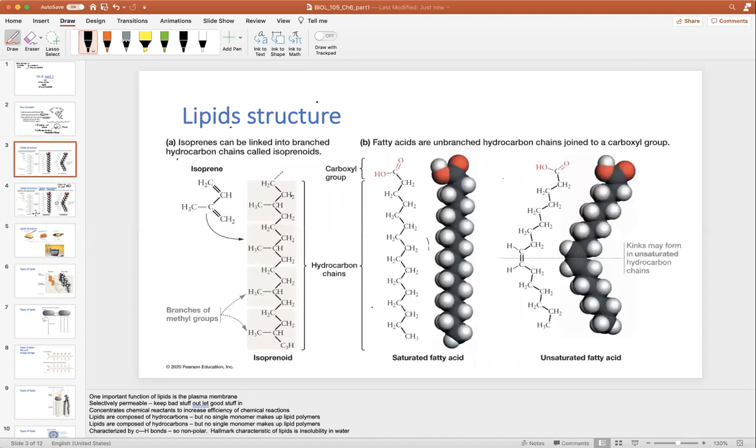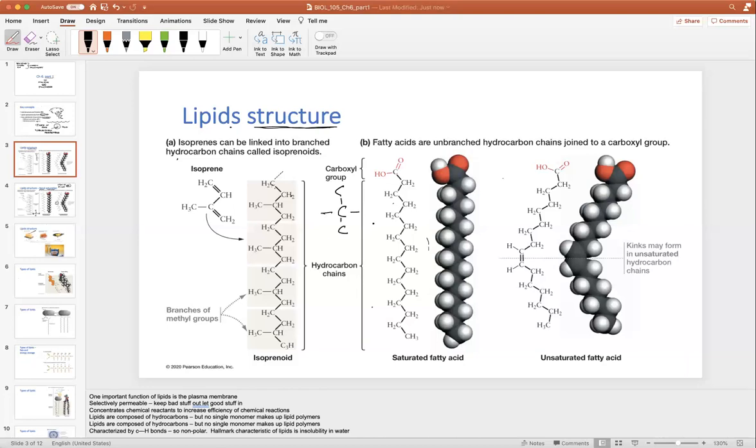All right, so let's just talk about their structure first and foremost. One of the first things that I want you to notice is that what we see is a lot of carbon, carbon, carbon, carbon, carbon, carbon, and a lot of hydrogen, okay? And when you see this here, I want you to think of this as being a carbon attached to a carbon here, attached to a carbon here.